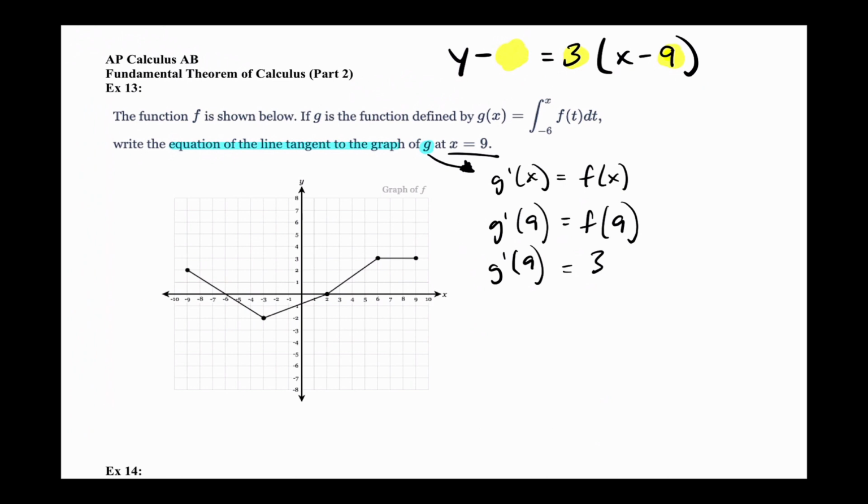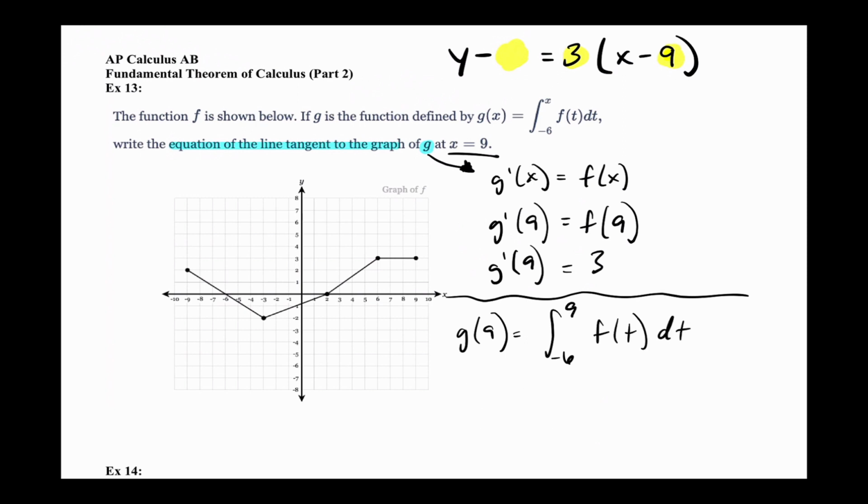Well, if we had an equation, let's say g of x equals x squared plus 4, right? To get the y-coordinate, we would plug in the x there, and get a y. We're going to do the same thing, except it's just an integral. So g of 9 equals the integral from -6 to 9 of f of t dt.